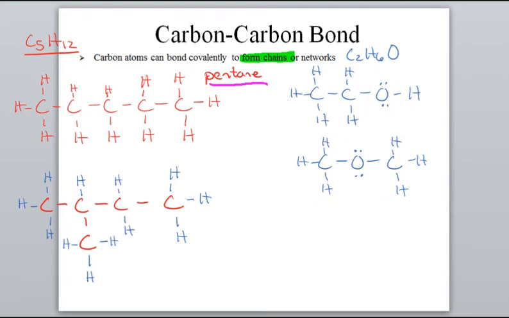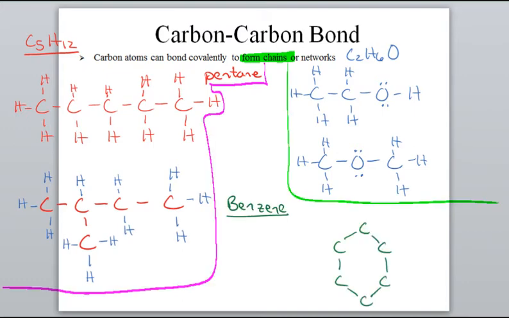Other structures that are unique for carbon-based molecules is the fact that they can form ring structures. And we gave an example in class of benzene. Benzene has 6 carbons and 6 hydrogens. All the carbons are connected to each other. So it has this 6 carbon ring structure.